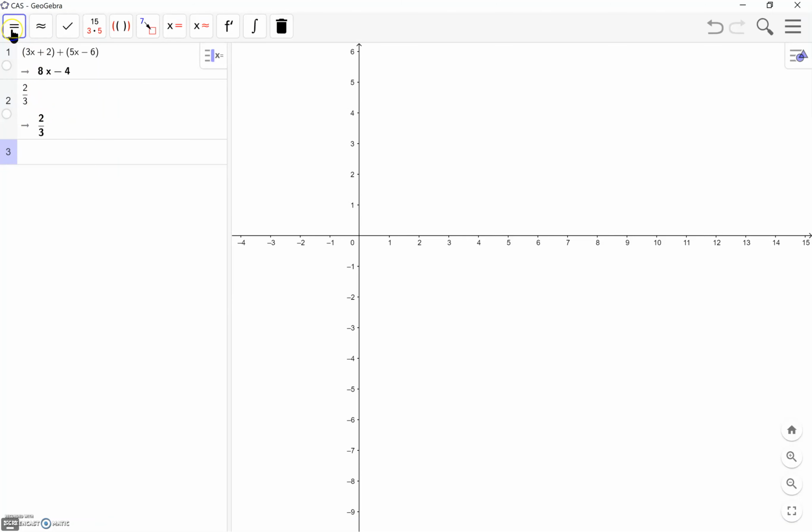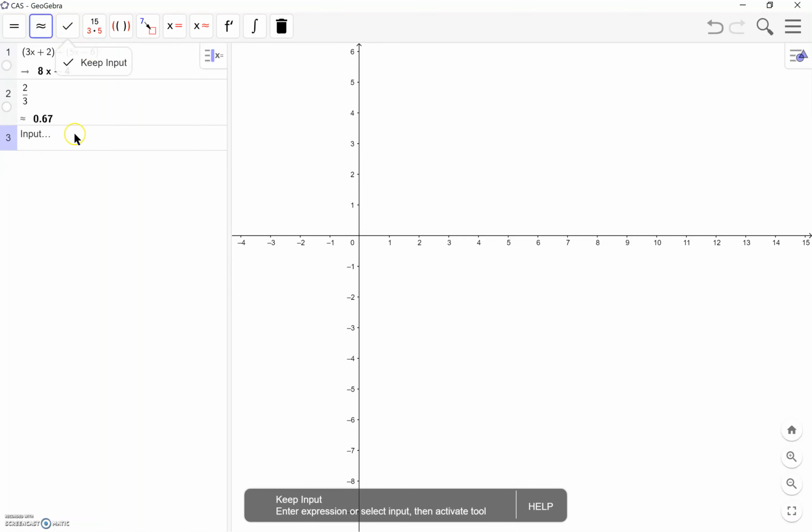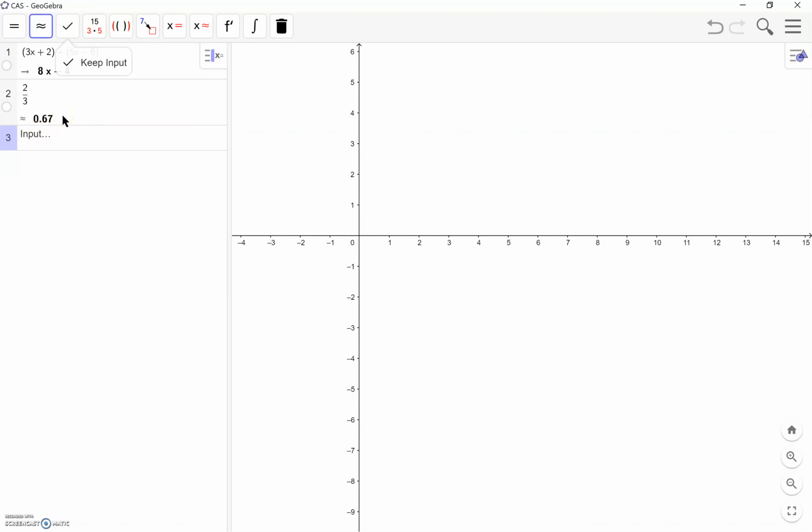Right now, because we have it set to equal, it's going to tell us the exact value, and that exact value is 2/3. But we can also approximate it. If we approximate, it's going to give us a numeric evaluation. So now we're no longer looking at the fraction, it's going to tell us the approximate decimal, which obviously is rounded here.